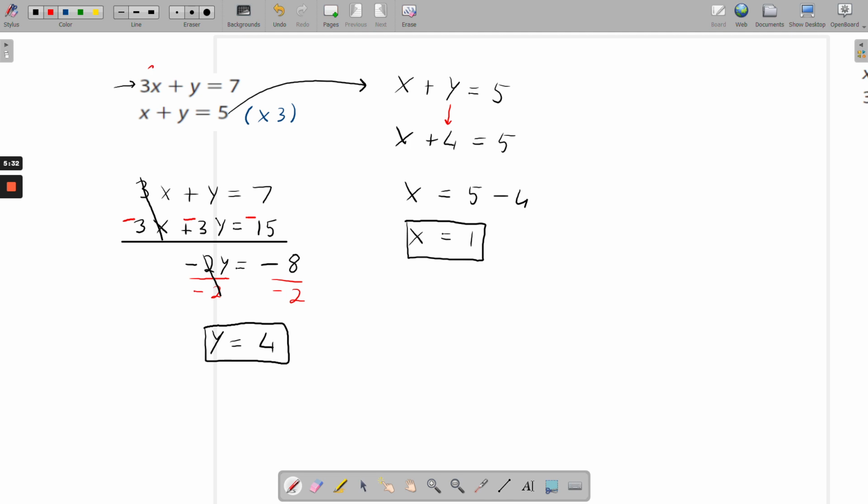So for this one, we're just going to get 3 plus y is equal to 4. So 3 plus 4 is equal to 7. You can see that's correct. And then if we look at this one of x and y, 4 plus 1, 1 for x, 4 for y, and you can see they're both equal to 5. And that's what we're trying to find, sets of numbers that will satisfy both of these equations.